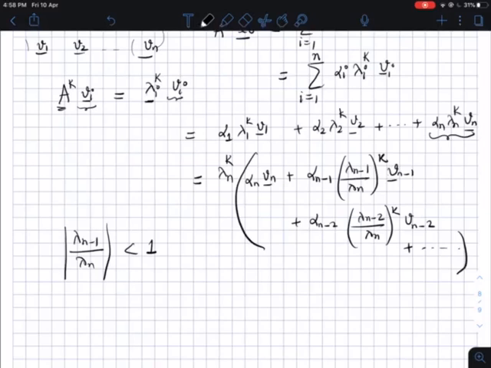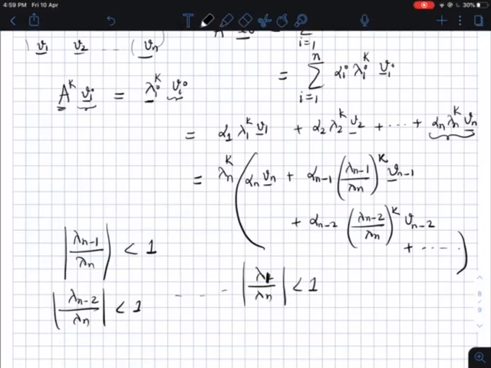Note how it's important that the absolute value is smaller than 1. I don't just want it to be less than 1, I want the absolute value to be less than 1. And similarly lambda n minus 2 by lambda n, and so on and so forth. I want it to be true for all the eigenvalues, lambda 1 by lambda n, absolute value less than 1.